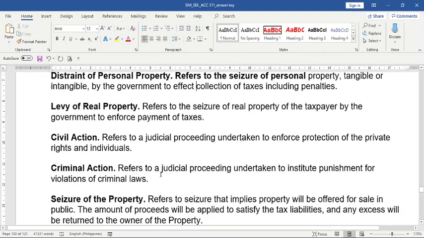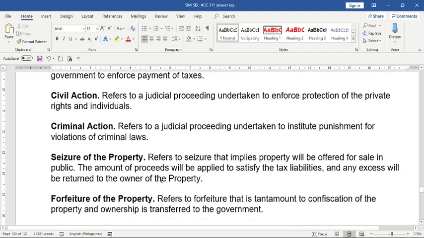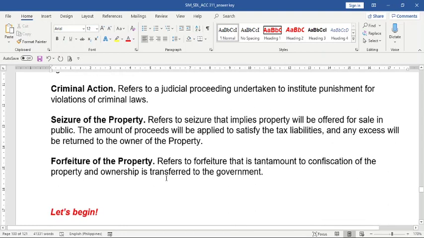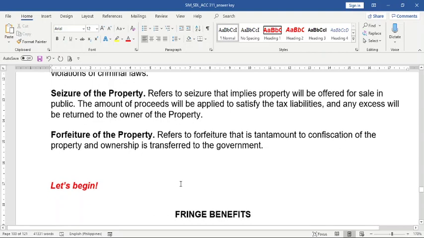We have also criminal action, which refers to the judicial proceeding undertaken to institute punishment for violation of criminal laws. Seizure of the property means the property is taken just to satisfy the tax liabilities, and any excess will be returned to the owner of the property. And we have also forfeiture of the property, which is tantamount to confiscation of the property, and ownership is transferred to the government.